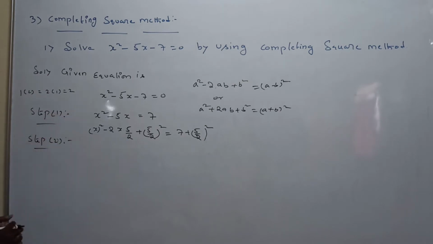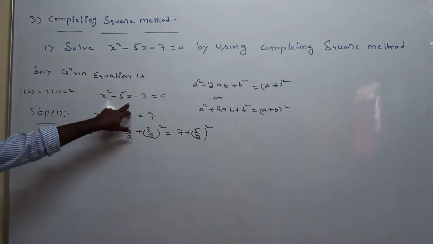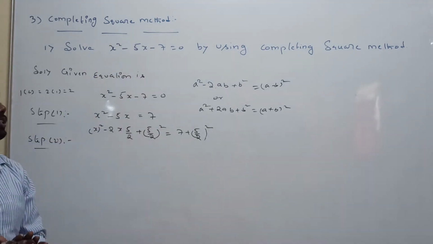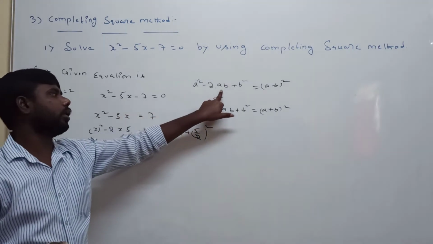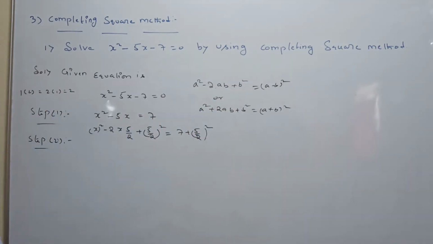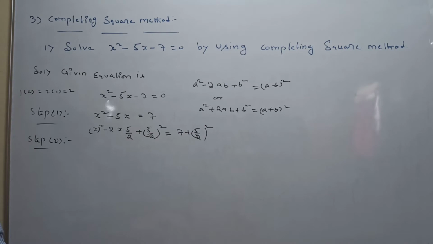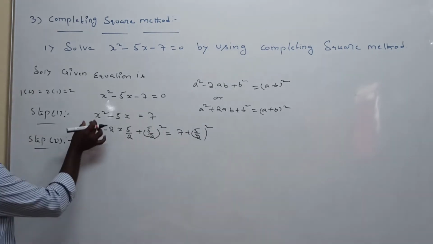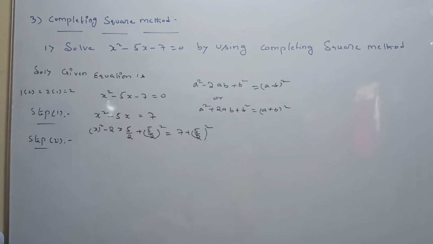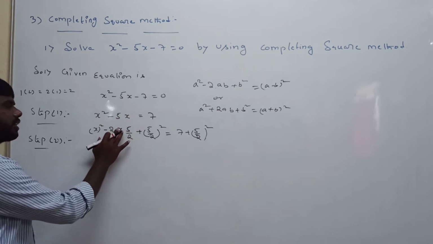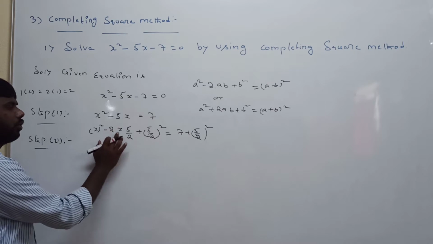Step 1 is to take the constant value from the left side of the given quadratic equation to the right hand side. Finally, we convert this function to the form a square minus 2ab plus b square. First, x square minus this term is not in the form of 2ab, so 5 into x can be written as x into 5. After that, multiply with 2 and divide with 2.